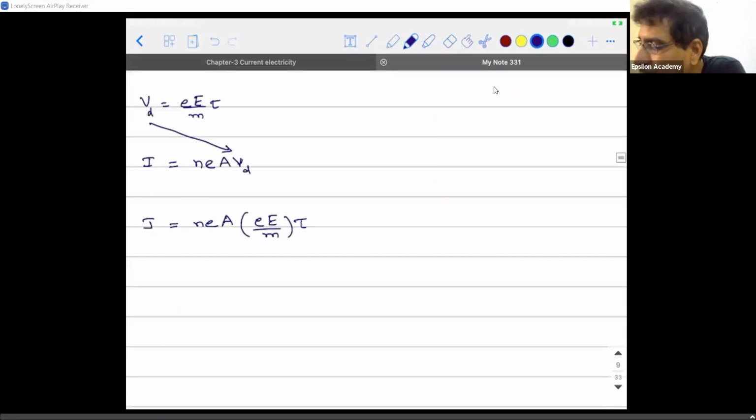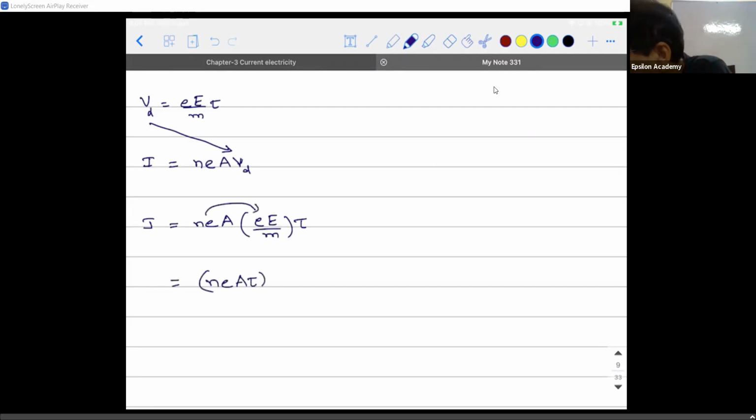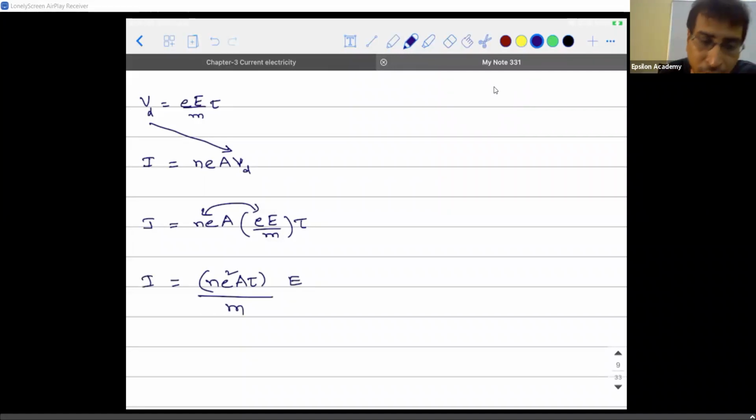Now I am going to make some rearrangements in the equation. e into e is going to be e square. So I equals n e square A tau divided by m, into capital E. So I is equal to something like this into E.